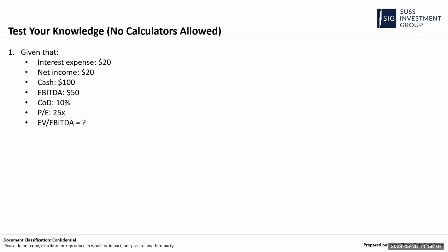So how do you get from equity value to enterprise value? Okay, so basically plus debt minus cash. Based on my research, I think cash is 100. Okay, so your cash is 100. And what about your debt? How do you get your debt?